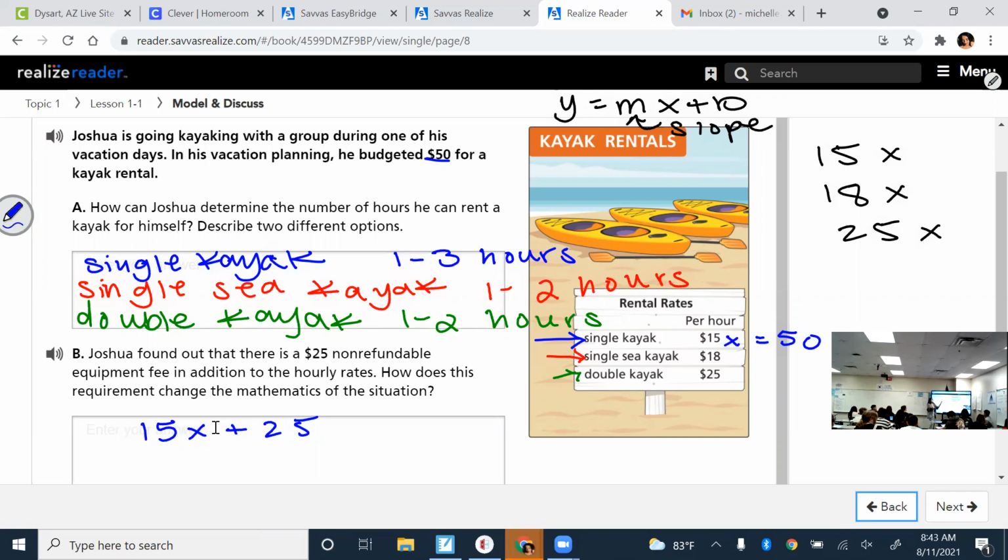Does it look like y equals mx plus b? Yes, it does. Is something increasing or decreasing at a constant rate plus a non-refundable fee? So what would that 25 be if I were to graph it? Yes, the y-intercept. So remember the b is for your y-intercept.